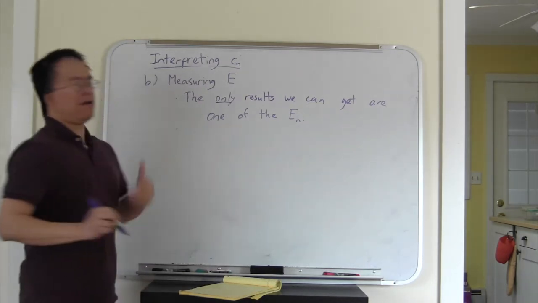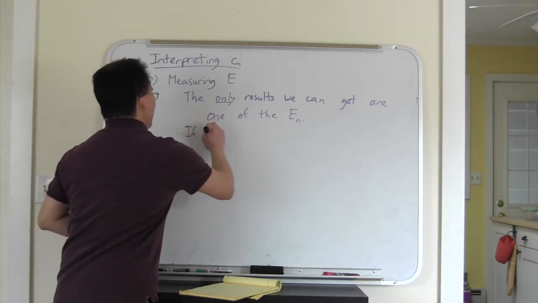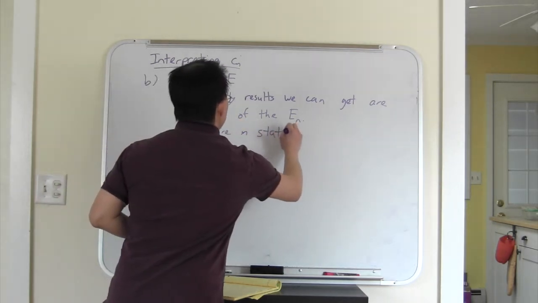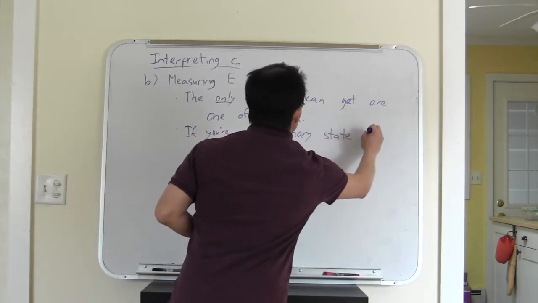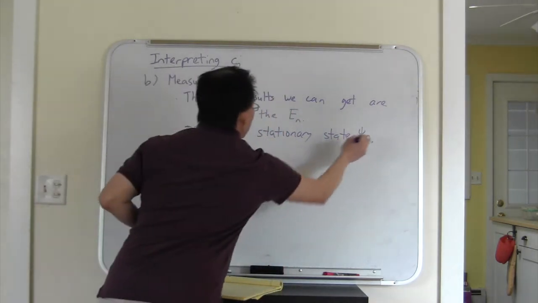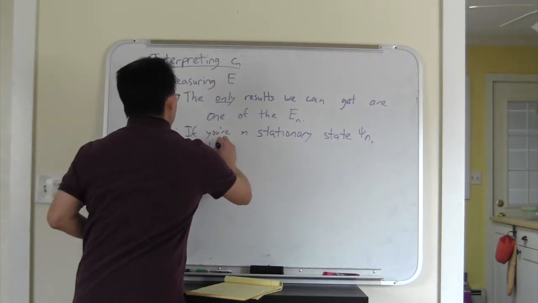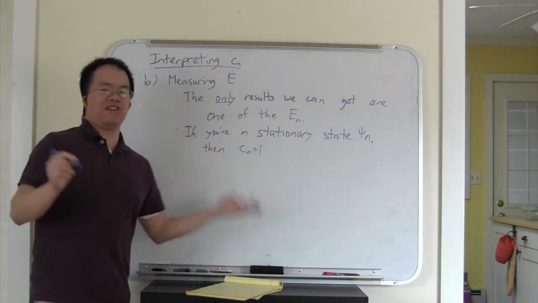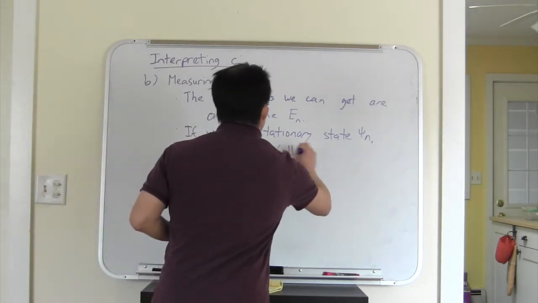Right, so now you know that if you're in a stationary state, and let's just say that you're in the state psi n, then the expansion coefficient associated with that is 1. You're 100% in the stationary state, and everything else is 0.